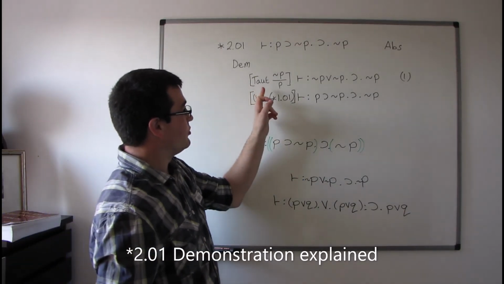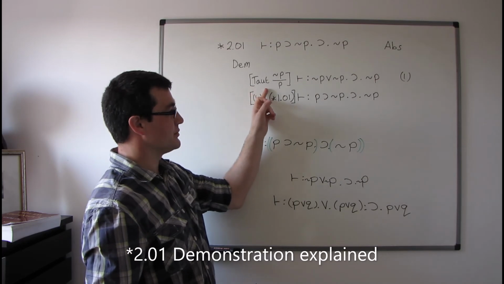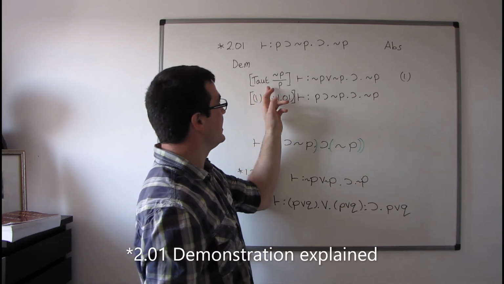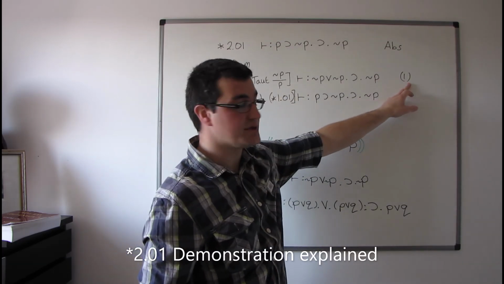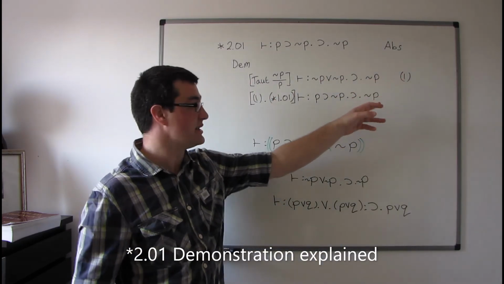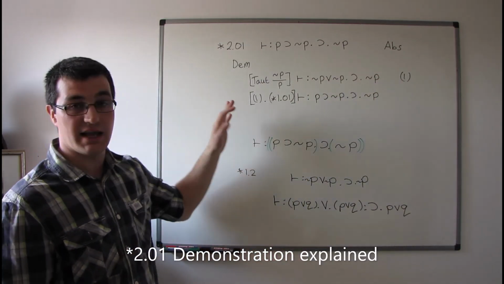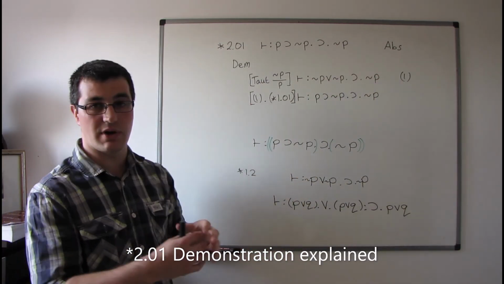Okay, so we can assert this by use of this particular primitive proposition, and we're going to call it 1. This is not indicating that this is the first line, it's just indicating that we're calling this 1, because we're going to want to refer to this in the next line, and we don't really want to have to write it all out.